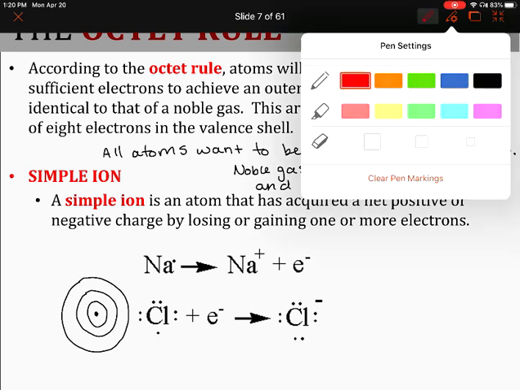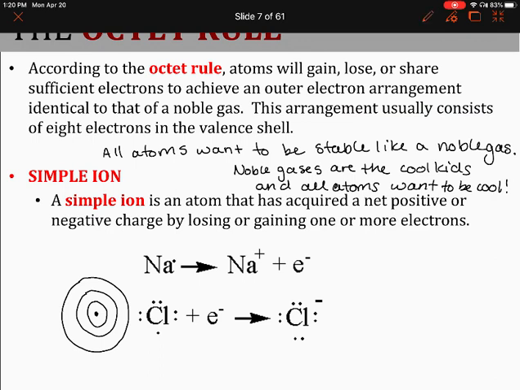And then it has 17 total electrons. So 2 are in the first energy level, 8 are in the second energy level, and then it has 7 in the third energy level. So remember, it has 7 valence electrons.